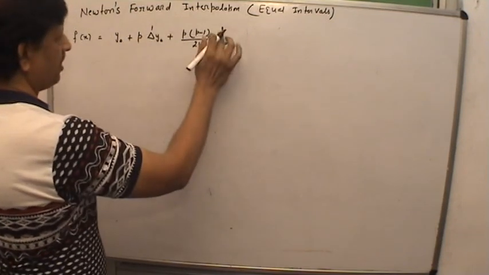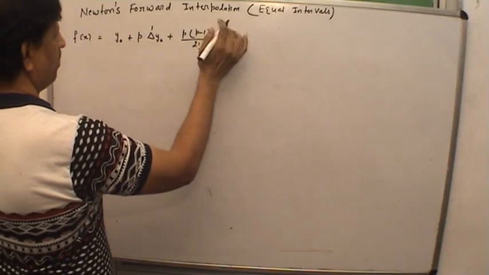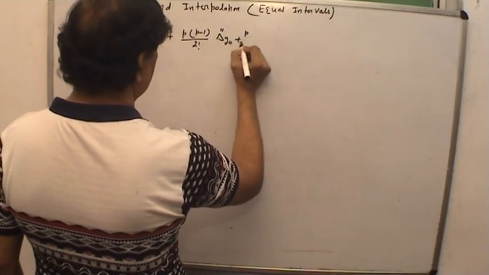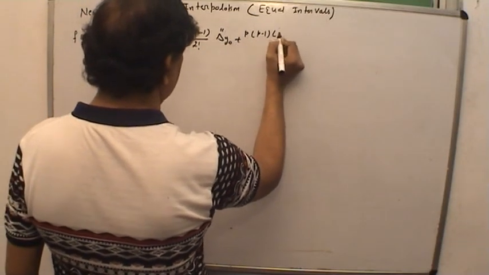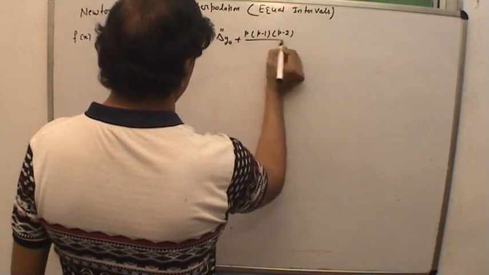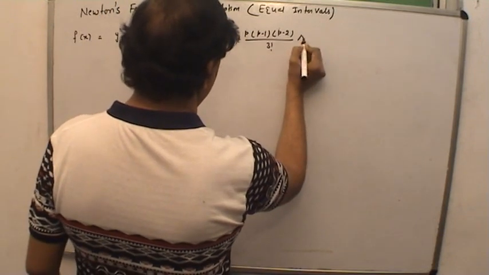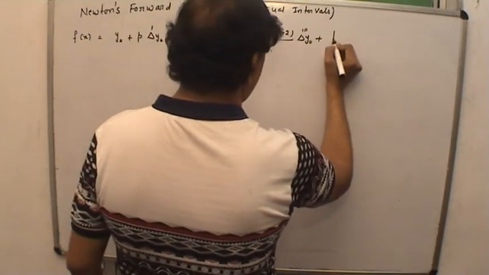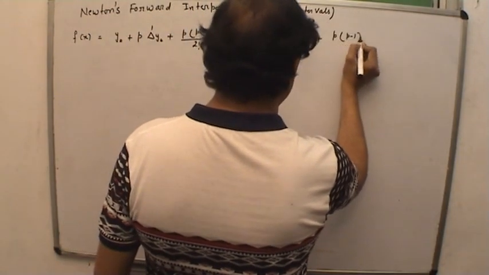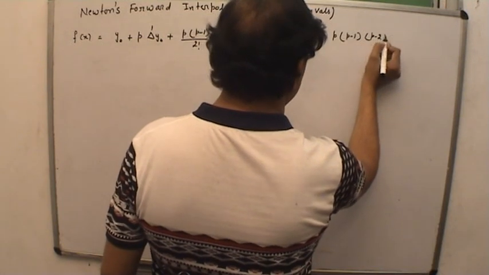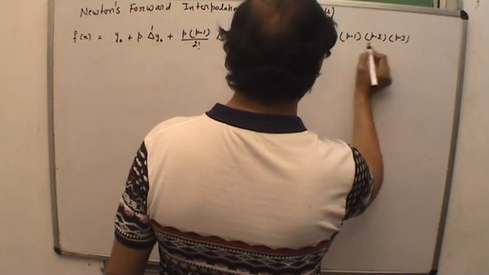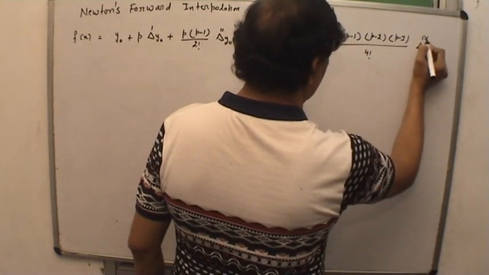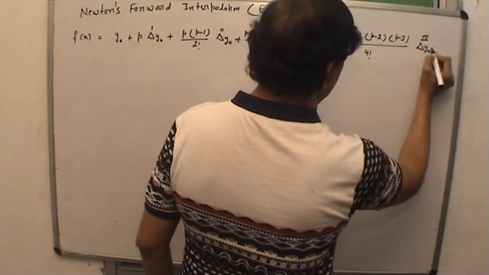Delta 2 does not mean square; here we denote it by a double dash. Plus p into p minus 1 into p minus 2 divided by 3 factorial into delta 3 y0 plus p into p minus 1, p minus 2, p minus 3 divided by 4 factorial into delta 4 y0 plus so on.